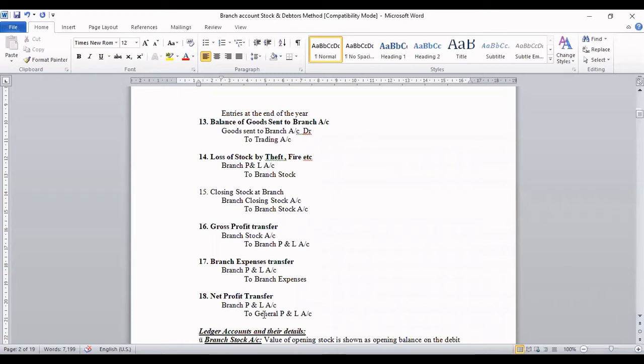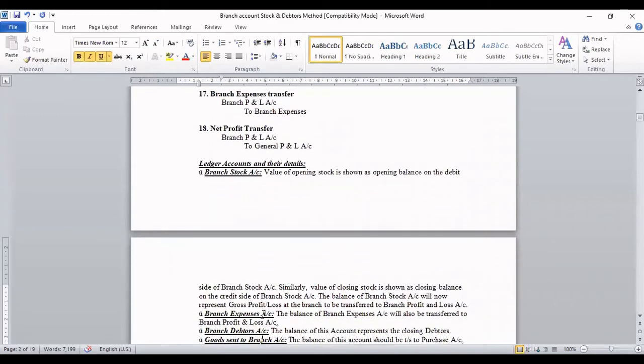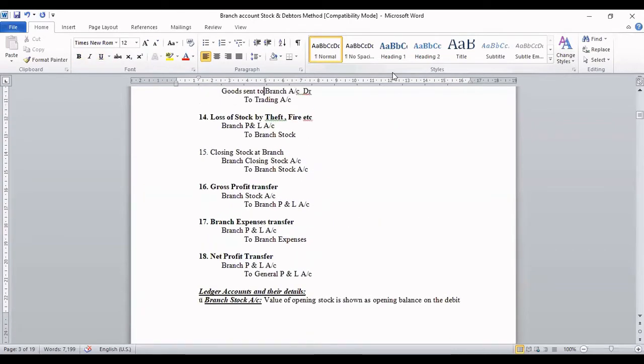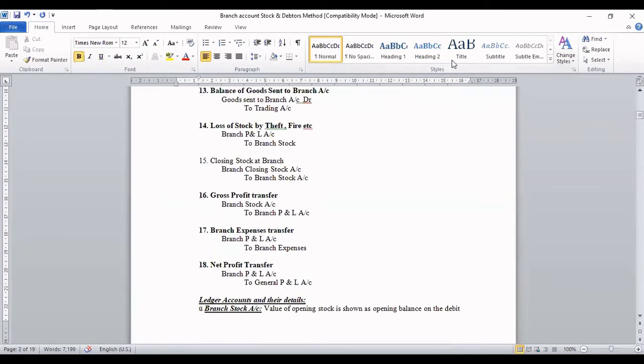These are the general accounts which we are supposed to prepare under the stock and debtors method. Is this clear? See, this is the list of accounts we have. Done? Okay, I'll share all these entries on Google Classroom.